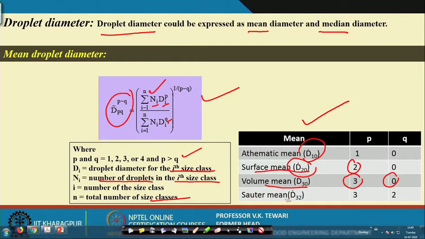The Sauter mean diameter is D32, where 3 is P and 2 is Q, because we have talked of DPQ. So, depending upon whether we are talking about arithmetic mean, surface mean, volume mean or Sauter mean, this representation is indicated. This is one way of how we talk about the droplet diameter, or droplet size, or the droplet class in which these fall.